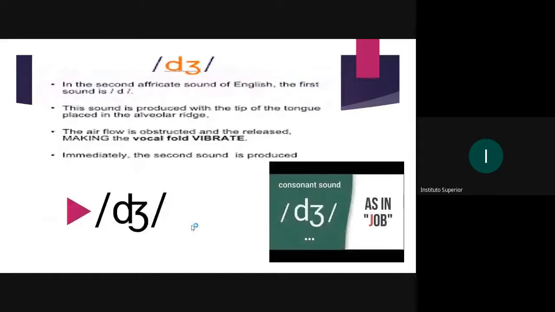Now, let's study this sound, the last one. We're going to review first this one and then this one. Can you read, please?